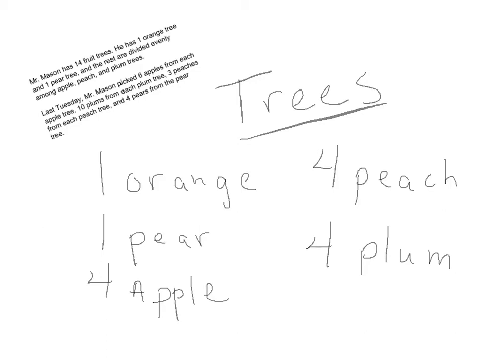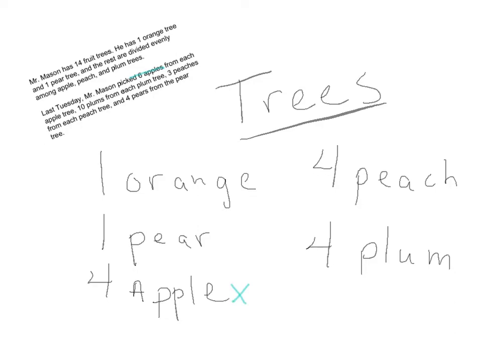Now we need to go through and figure out how many fruits we have from all of these. It tells us right here next to our Tuesday that Mr. Mason picks 6 apples.